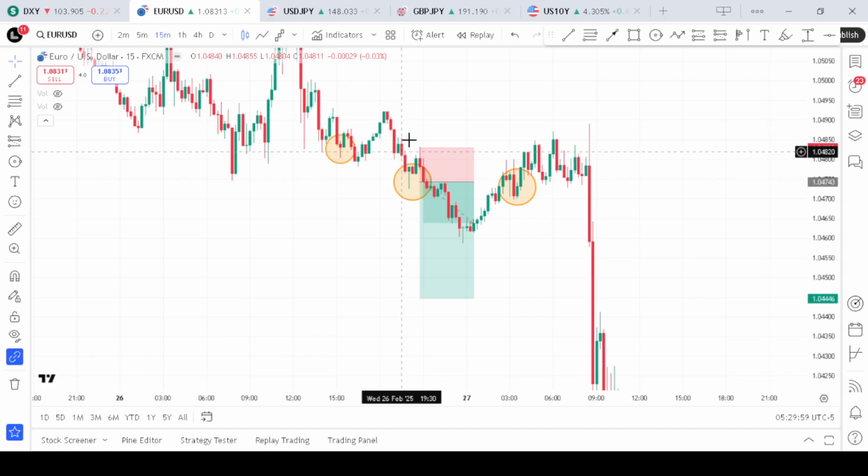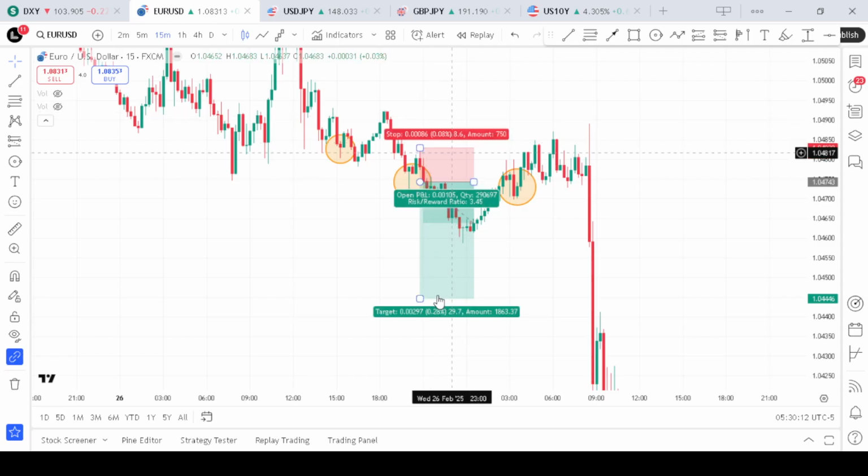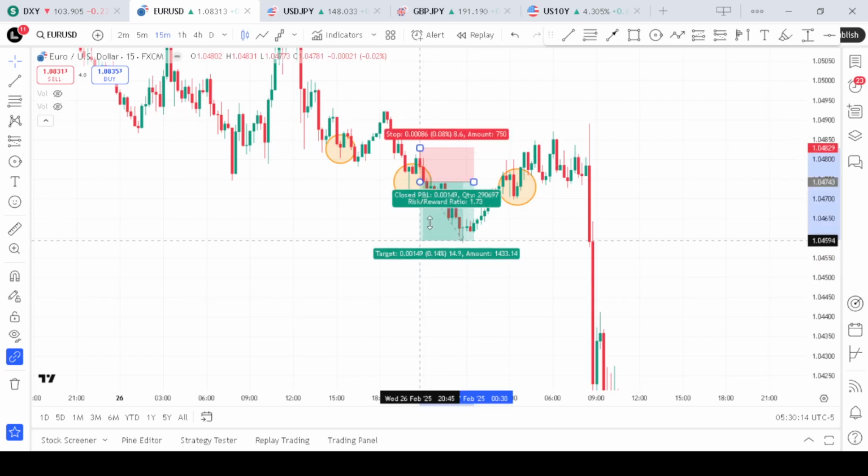We set our stop loss just above the high of the Takuri candlestick to protect our position in case the market reverses. We have to take profits by aiming for at least 1:2 or 1:3, as the case may be. This is how we take profit.